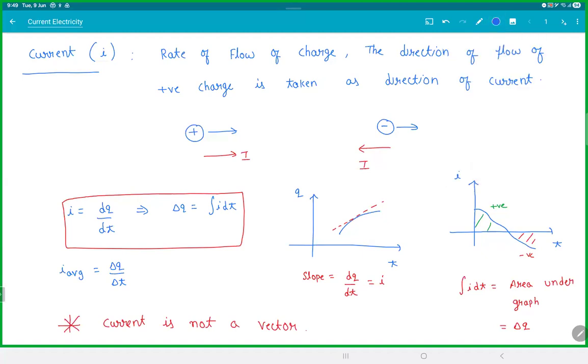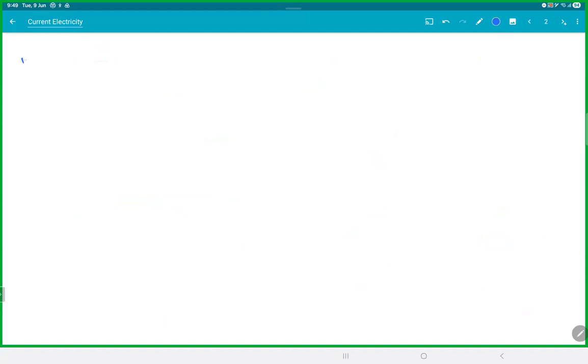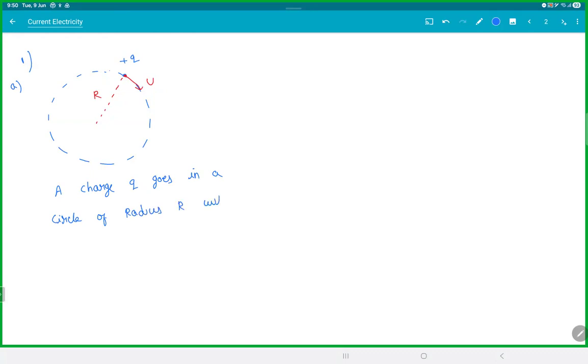So let's do a question on this. We have a particle of charge q going in a circle of radius r with speed u. Find the average current.